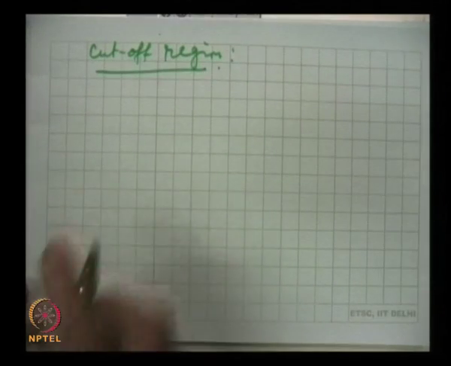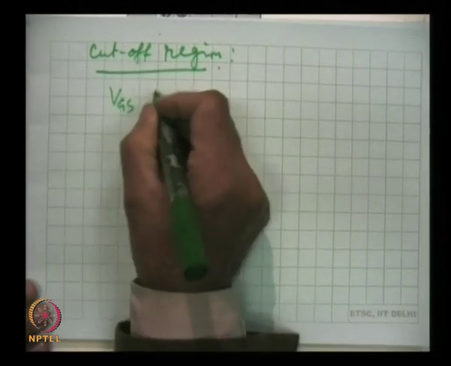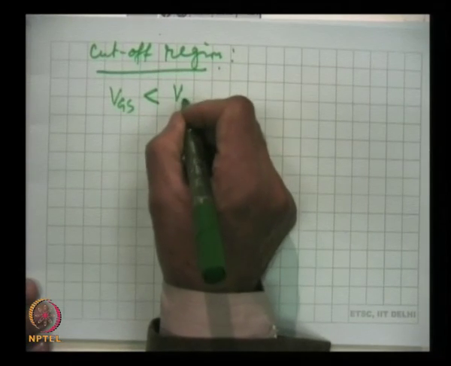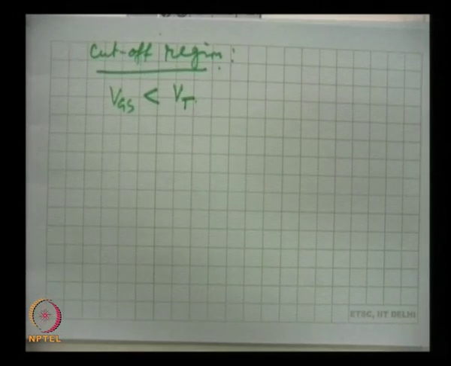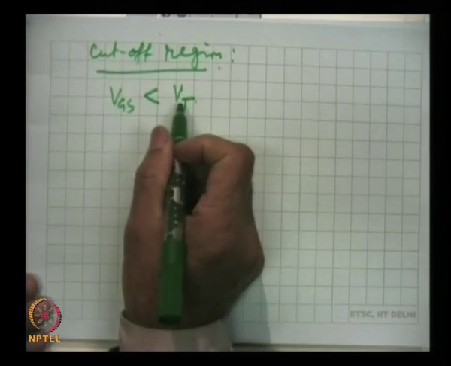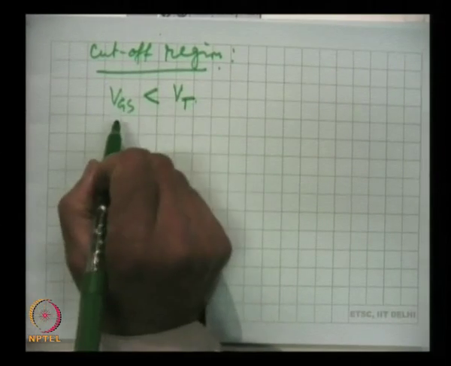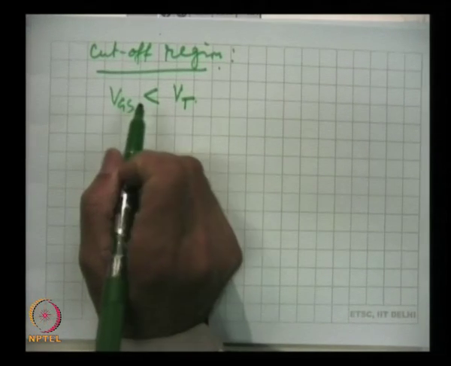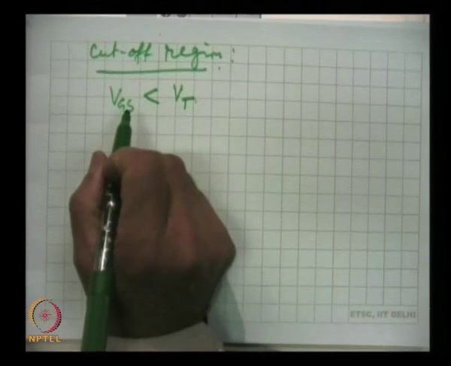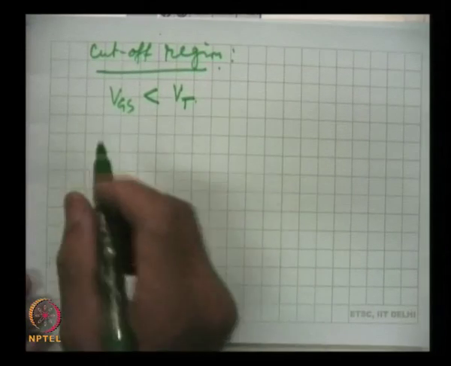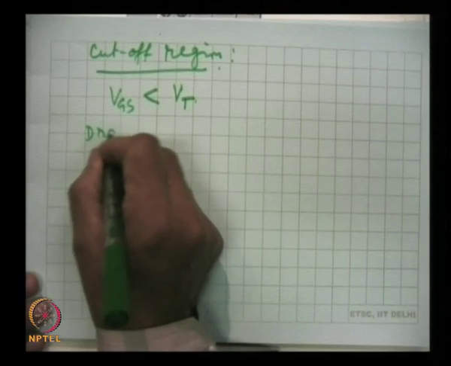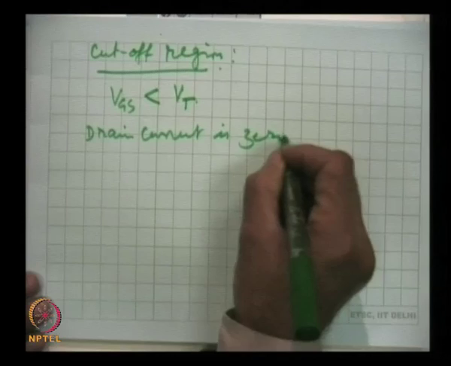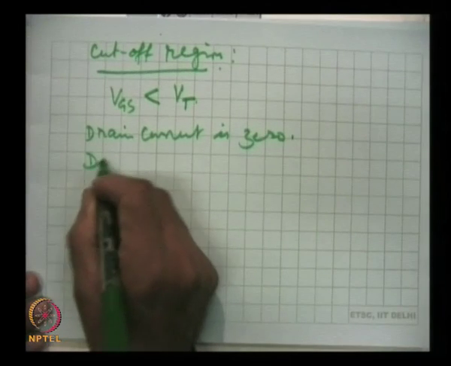In this region, the gate source voltage is less, that means more negative than VT, threshold voltage, and we have told what is the threshold voltage, that gate source voltage which depletes the charges from the channel completely, and the drain current is 0, and the device is off.